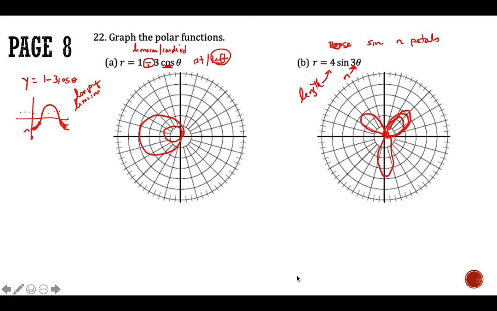So the important components to your polar graphs is that you have a basic snapshot, that you have some basic information about your basic limacons and cardioids, right?